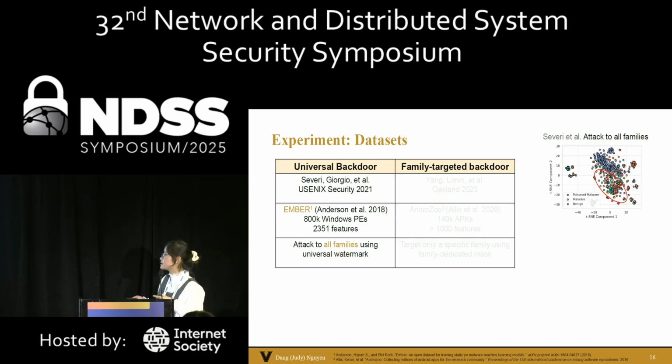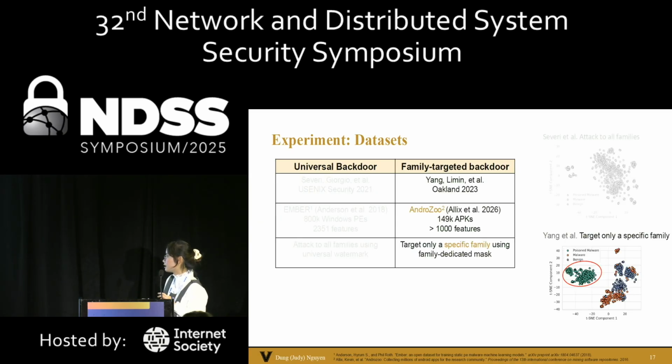The first setting, we call it the universal backdoor. In this setting, the adversary tries to target every malware family, which means no matter which family the malware belongs to, as long as the trigger is present on the sample, it's going to be misclassified as benign. But in the second setting, the adversary only targets a very specific malware family.